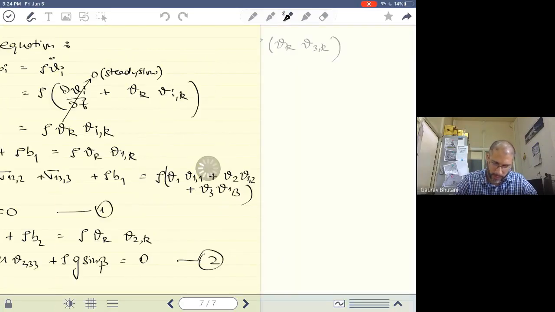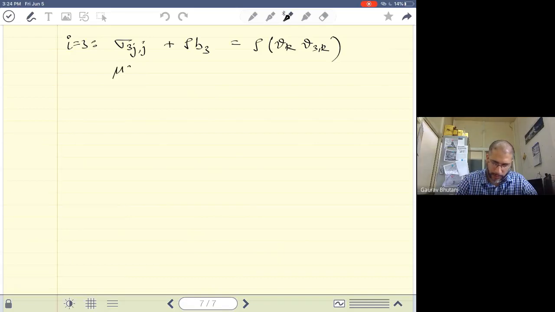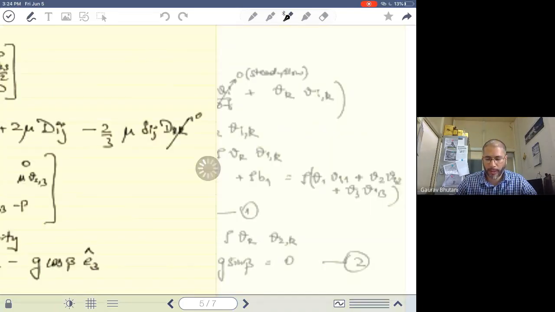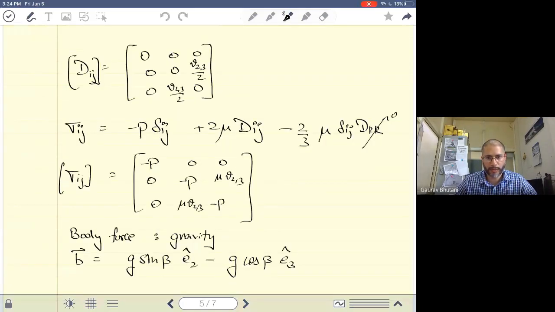And then the next term we have is minus p comma 3, which comes from sigma 33 comma 3. Sigma 33 is minus p, that becomes minus p comma 3.